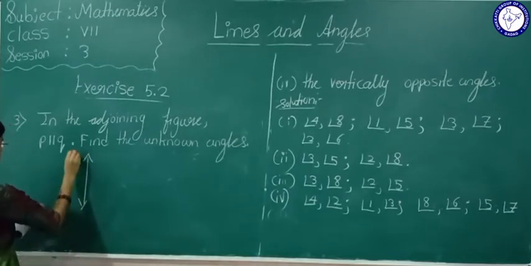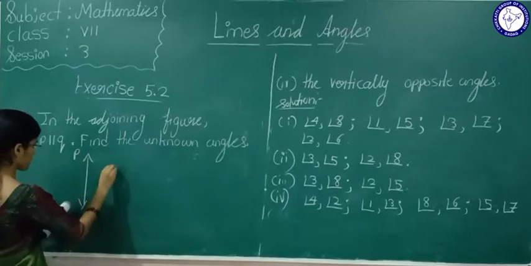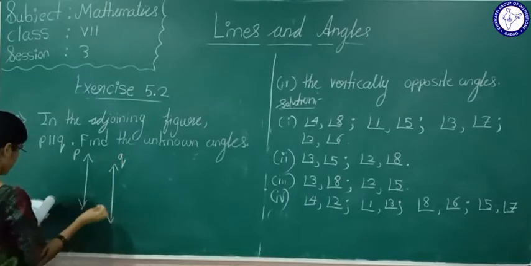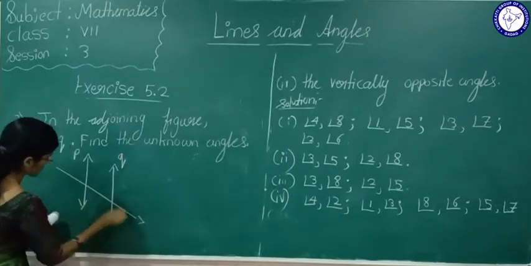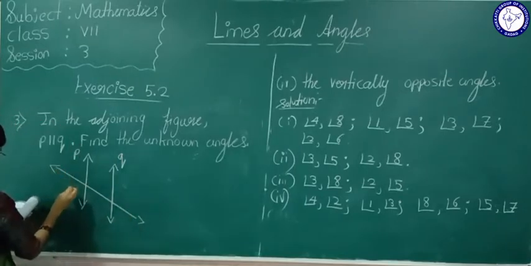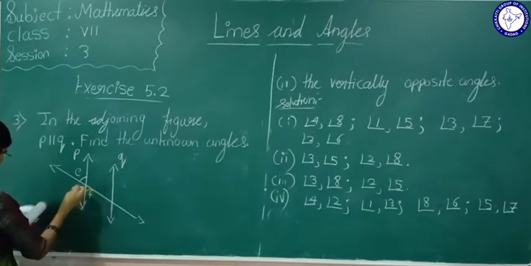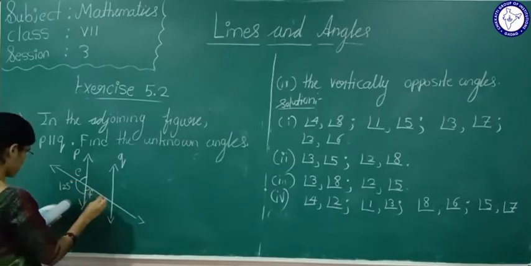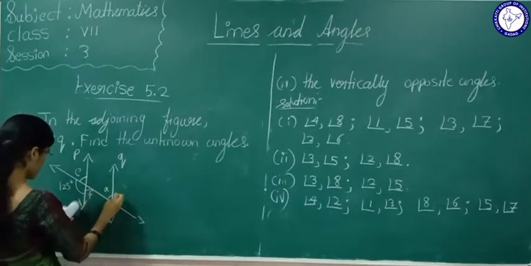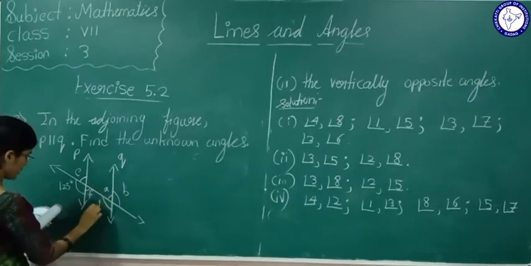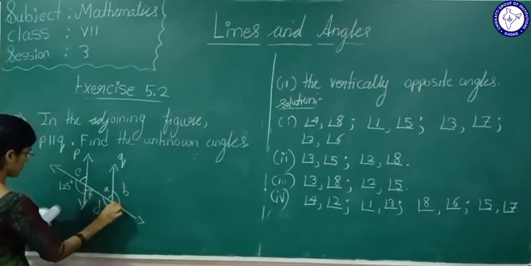This is P, Q, given this is E, F, 125 degree, A, B, D, C.